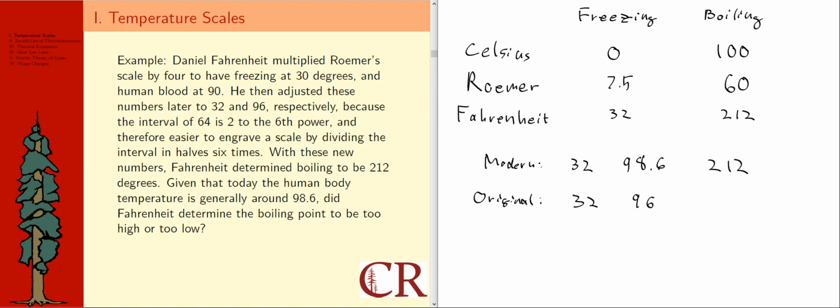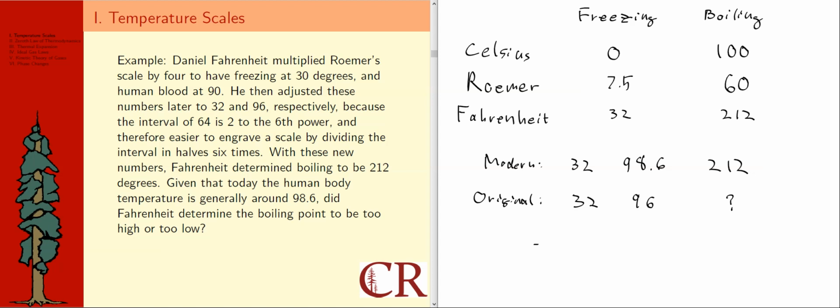And in that sense, the question we're really being asked here is, if his experiments had been correct, following what we understand to be correct today, what number should he have had here? Really, though, we're only being asked whether that number should be higher or lower. And I think it's pretty clear that this number, whatever it is, should be lower than 212. And that means that his original determination of the boiling point was actually too high.